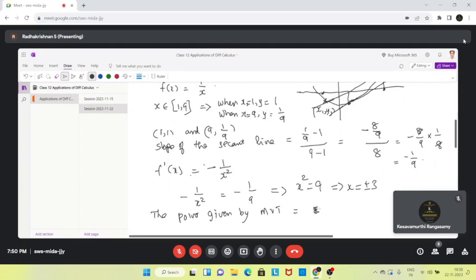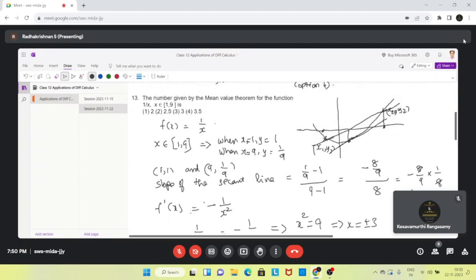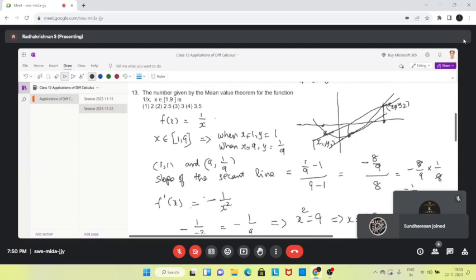When x equal to 3, what is y? 1 by 3. So here I think they are given only the x value. So option 3.